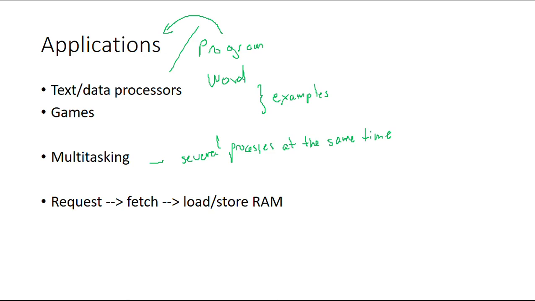Okay. And you remember that process that we checked, the machine cycle instruction? That is whatever happens whenever you run an application, okay? You have a request, then you look for it, see what it means, and you load it or store it in the RAM. For instance, let's say you're going to store a document, a Word document.